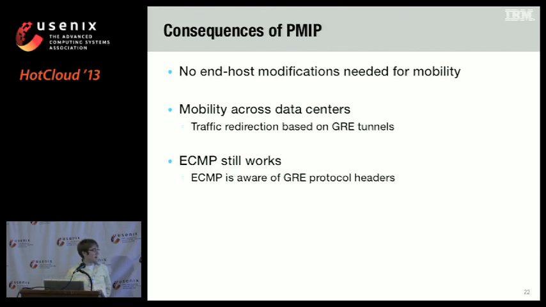So anywhere that you have one of these IPv6 addresses that is addressable by another data center, then you can make one of these GRE tunnels, and things should just work, right? The other thing is that ECMP still works because it is aware of GRE protocol headers.